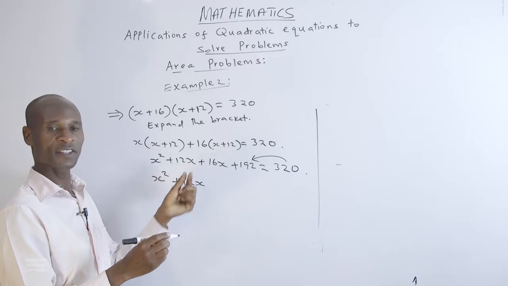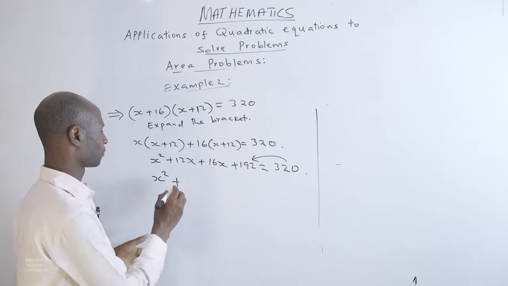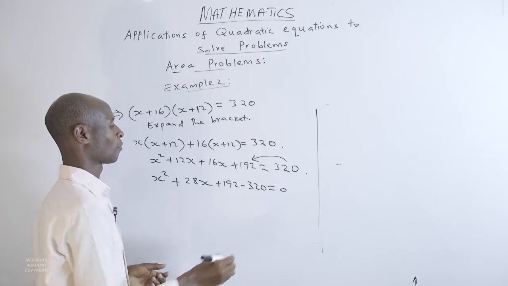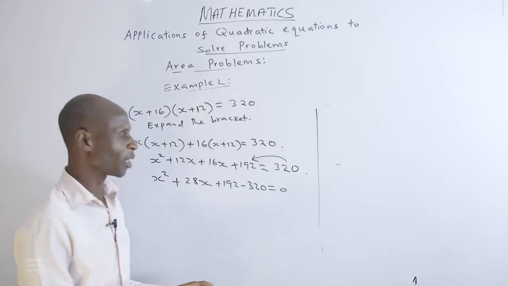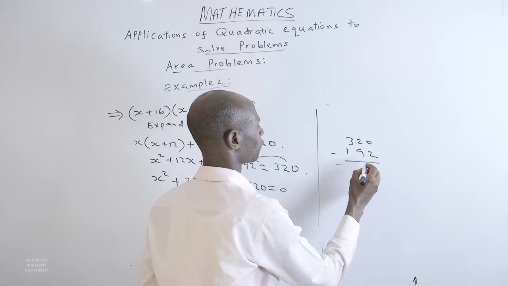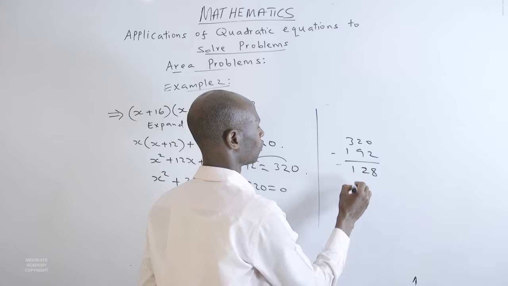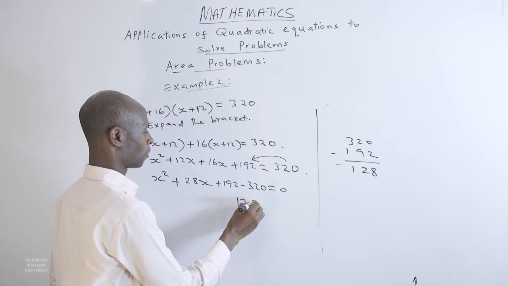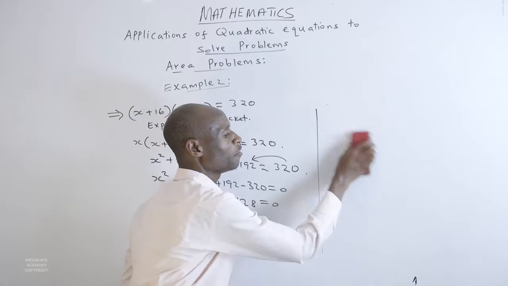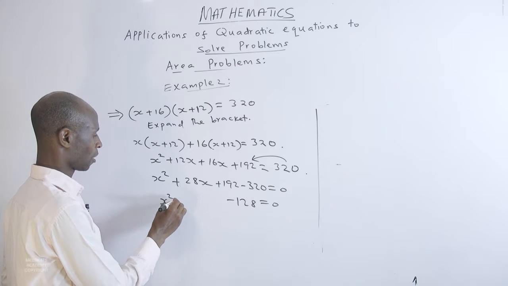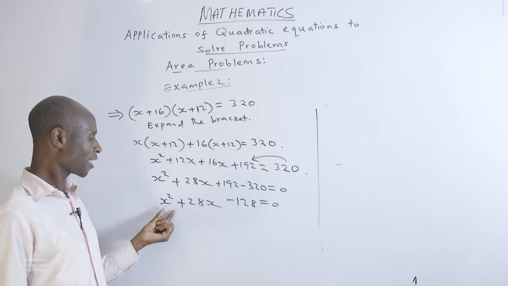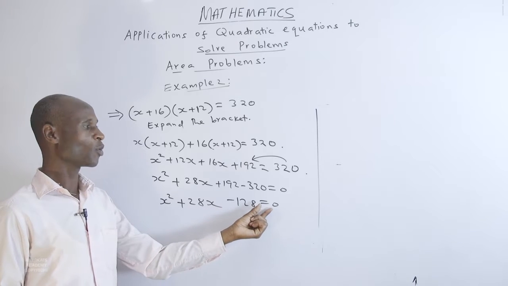Then 12x plus 16x is 28x. What is 192 minus 320? It is negative 128 if you use your calculators. Then the final quadratic equation is x squared plus 28x minus 128 is equal to 0.